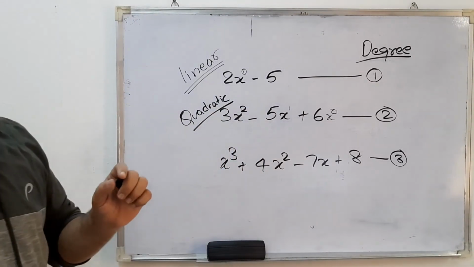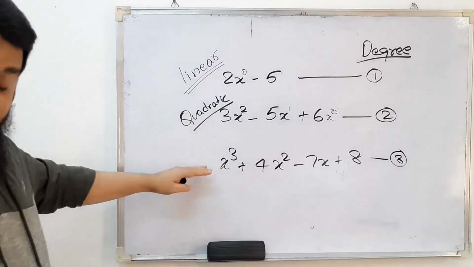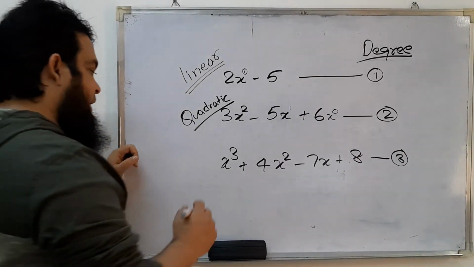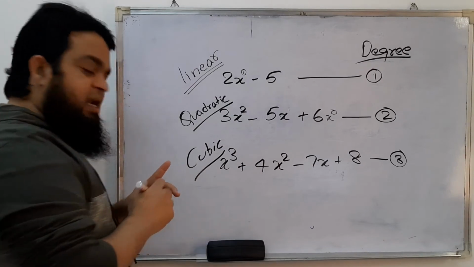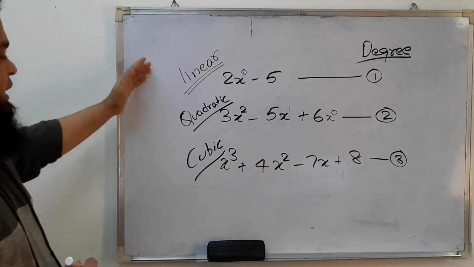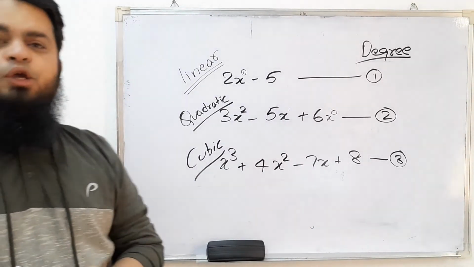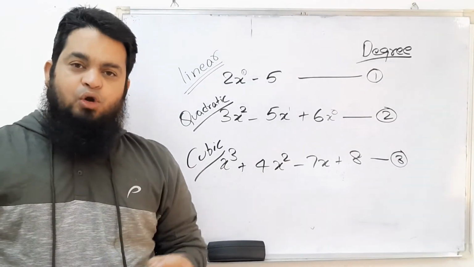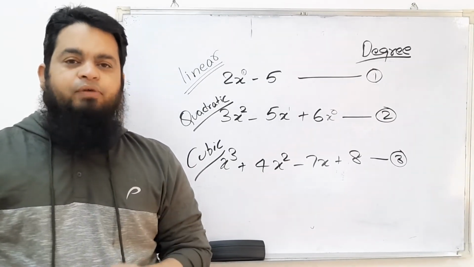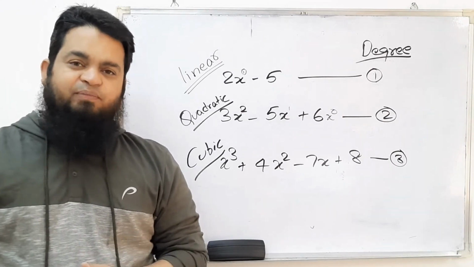Okay, and when we have degree 3, we call it a cubic polynomial. So in grade 9, we will be using linear, quadratic as well as cubic polynomials. So with this, we have concluded the recalling part of polynomials, the basics of polynomials.